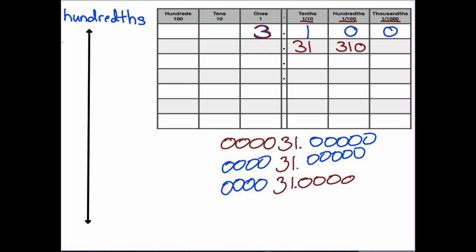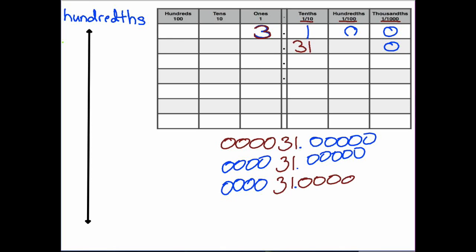Okay. So we're looking at hundredths. Everybody, how many hundredths do we have right now? Total. How many total hundredths do we have? Everybody. 310. 310. Whoa.